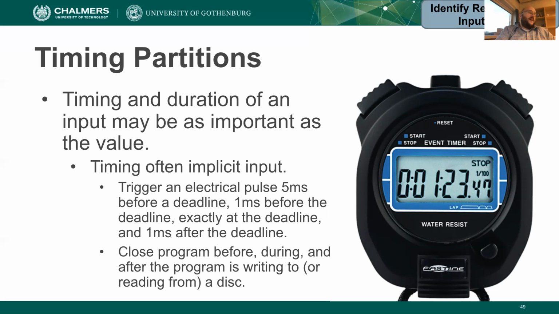So what you might do is see if you can trigger an electrical pulse at a certain point before a deadline as input. Provide a pulse 1 millisecond before that deadline, exactly at your deadline, and 1 millisecond after your deadline, and then see if your program reacts accordingly. See what kind of boundaries it has built into this.